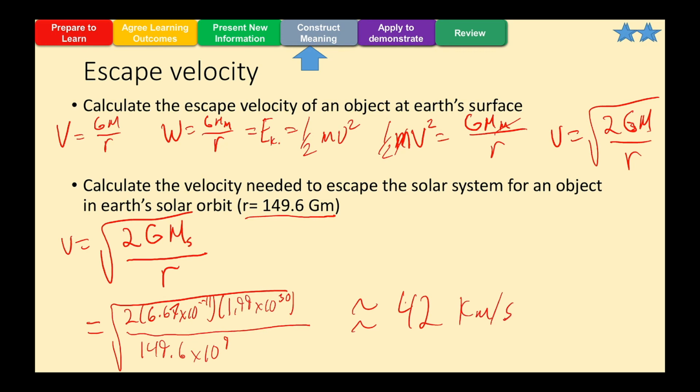That's a big rocket. To give you an idea, to escape Earth's gravity, we're looking at around 11 kilometers per second. So that's 4 times as much to get away from the sun, and we're so far away from the sun. So there is a reason that actually we did something called gravity assists.